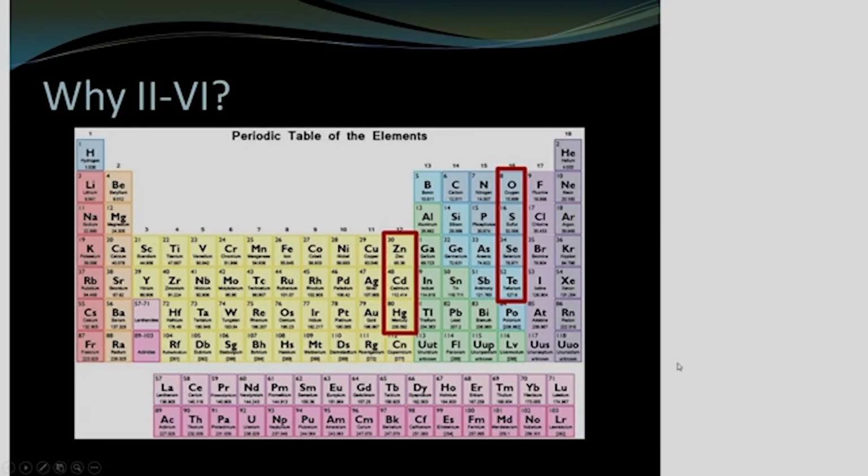So there are these 2,6 materials, these semiconductors rather. These 2,6 semiconductors are important because they have sp hybridization, and along with that they have a zinc blende structure.